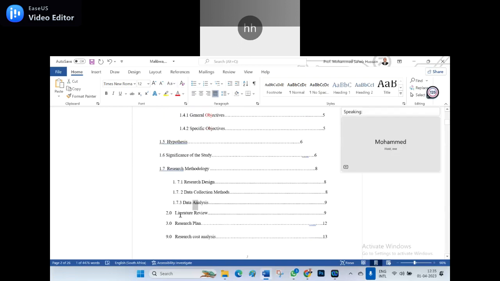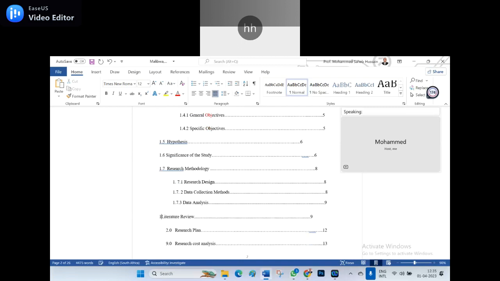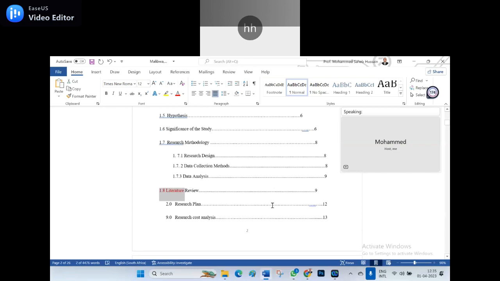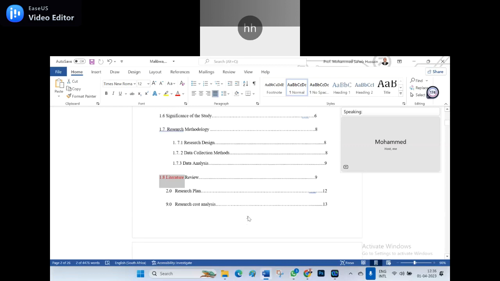Then it becomes 1.8 literature review. And then this becomes 1.8.1 research plan, and 1.8.2 research cost analysis. You have to remove the extra numbering.